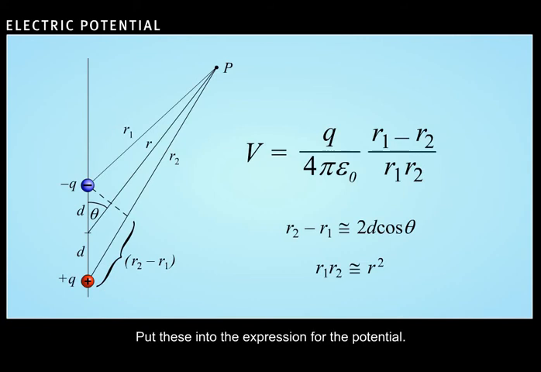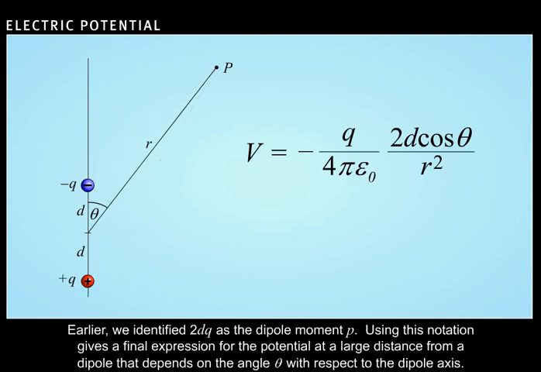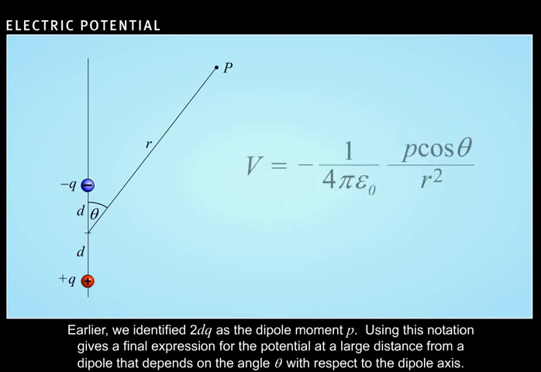Put these into the expression for the potential. Earlier, we identified 2dq as the dipole moment p. Using this notation gives a final expression for the potential at a large distance from a dipole that depends on the angle theta with respect to the dipole axis.